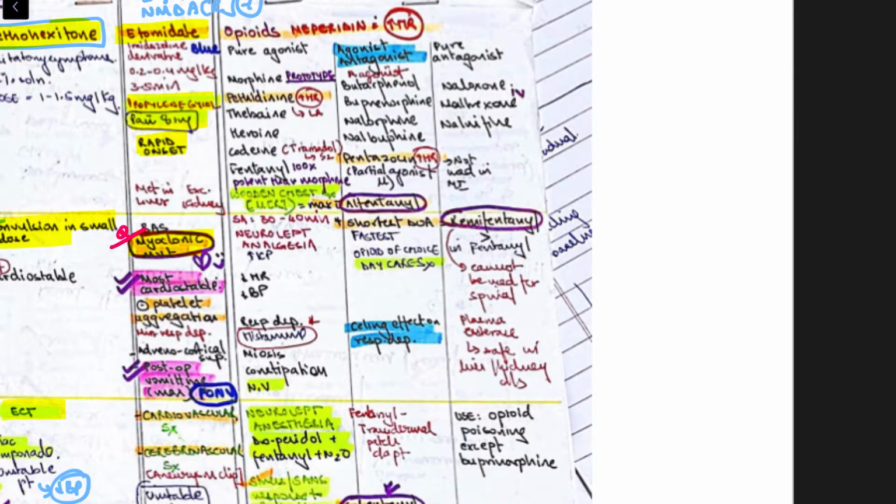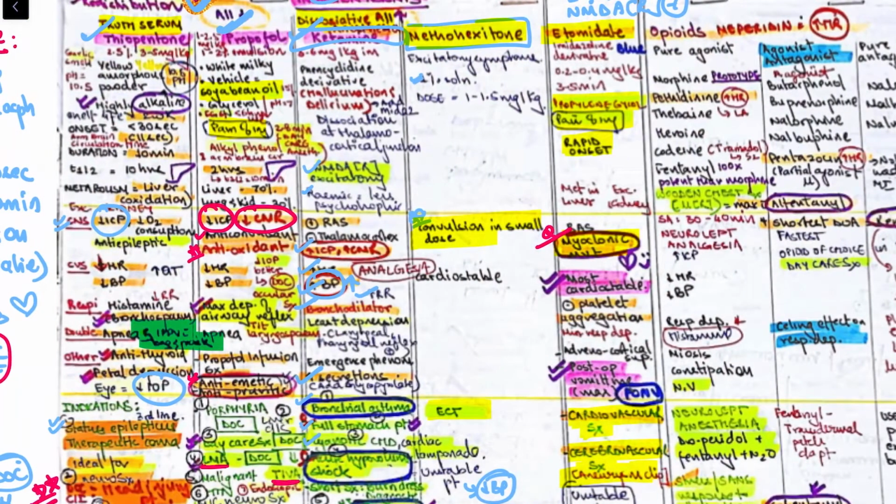Then what else? It is the most cardiostable agent, hence it will be the drug of choice for cardiovascular and cerebrovascular surgeries. Wherever the word vascular comes, like aneurysmal clipping, cardiovascular surgery, there the drug of choice will be etomidate, right? It causes maximum post-operative nausea and vomiting. Okay, what was the antiemetic?